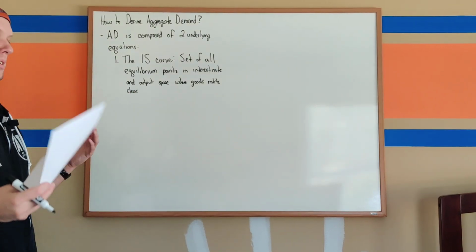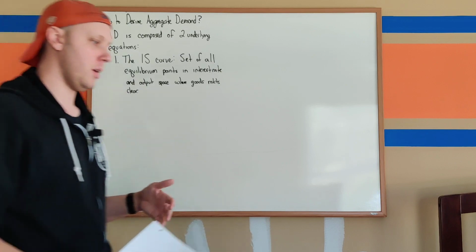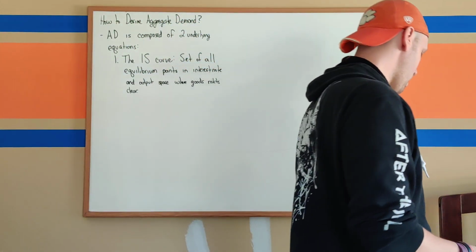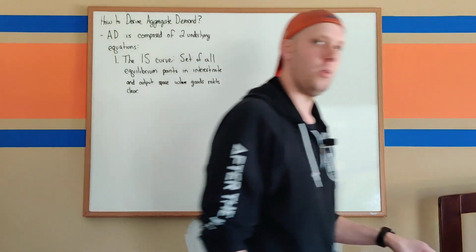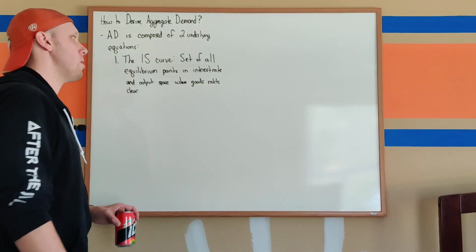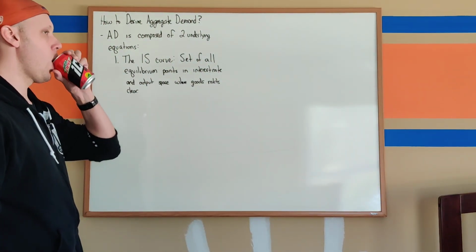So instead of thinking about this in price and output space, like we are in the aggregate demand, aggregate supply framework, what we're doing is we're looking at the role that interest rates play in determining what demand is.